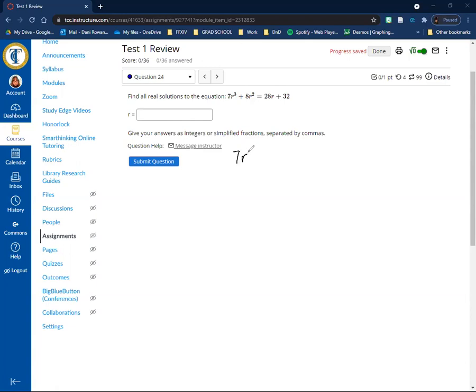So 7r to the 3rd power plus 8r to the 2nd equals 20r plus 32. Let's go ahead and move everything over to one side.